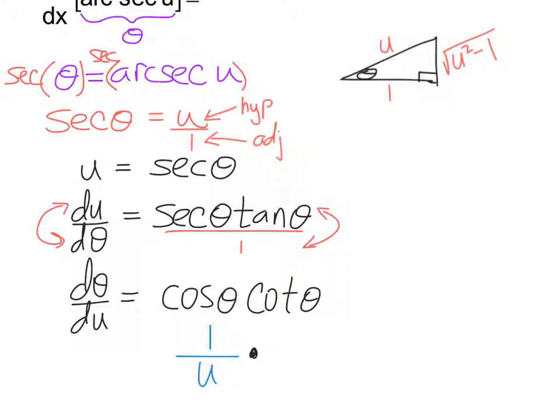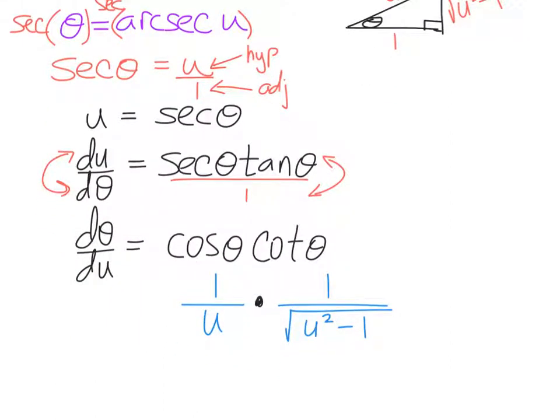And cotangent is the reciprocal of tangent. Tangent has a ratio opposite over adjacent, so I need adjacent over opposite. So 1 over the square root of u squared minus 1 plus twice. So d theta du would be equal to that. But again, what I want is d theta dx. So to make my d theta du into a d theta dx, I'd multiply both sides by what?